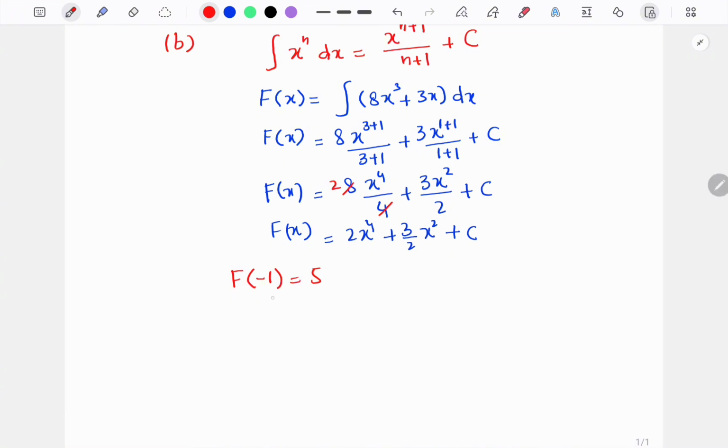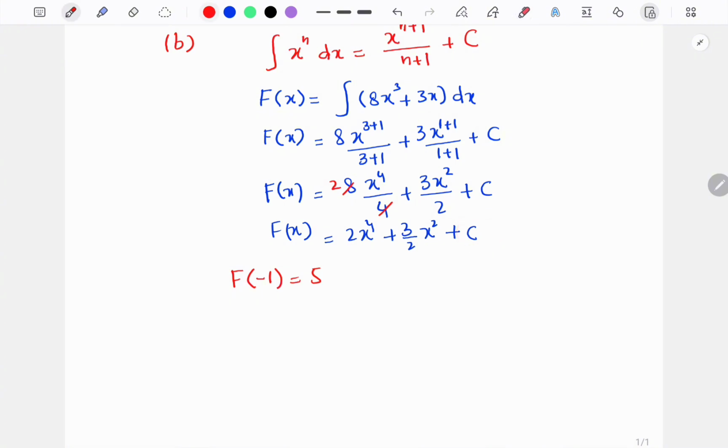Therefore, F of -1 is equal to 5. Hence, we can write 5 in place of F of x, then substitute -1 here, and we will get 5. We are doing this process to find the value of c.